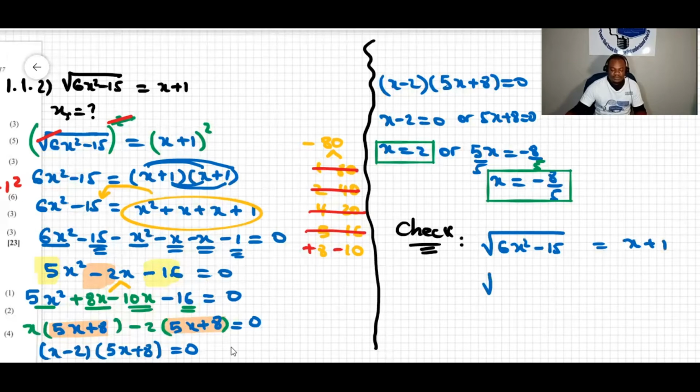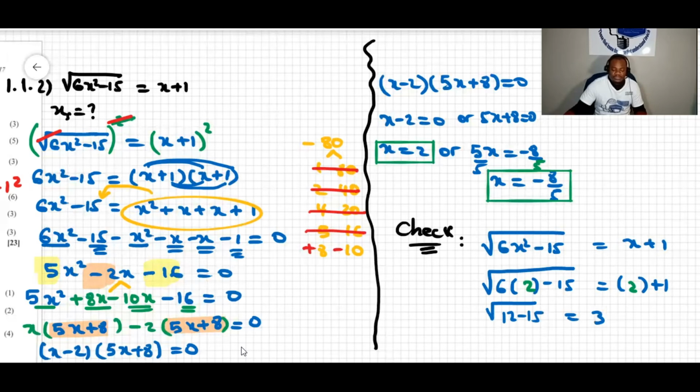Now we're going to type in the values of x. If x is equal to 2, for instance, let's check. If x is equal to 2, we will get what? Square root of 12 minus 15, and this is equal to 2 plus 1, which is 3.